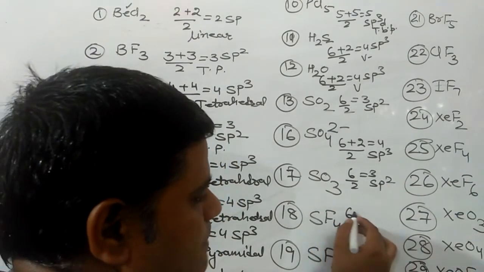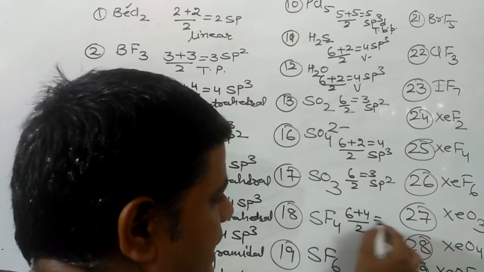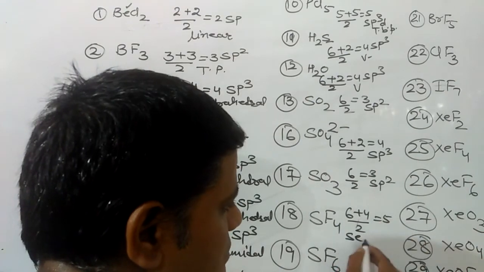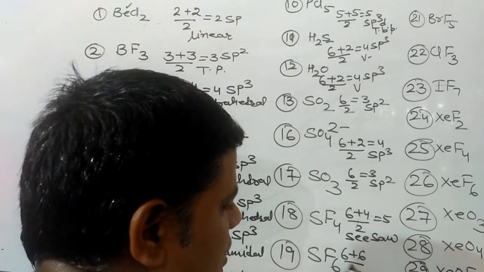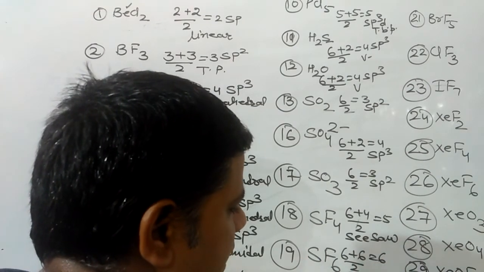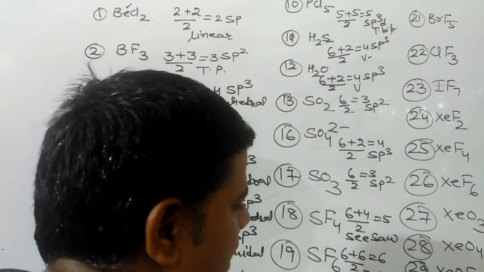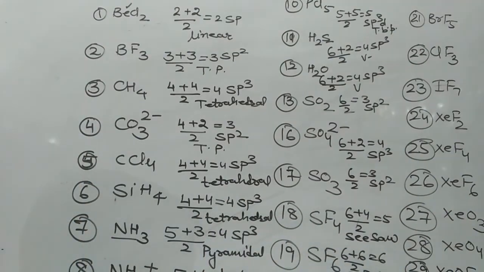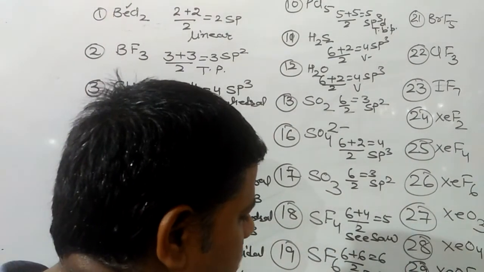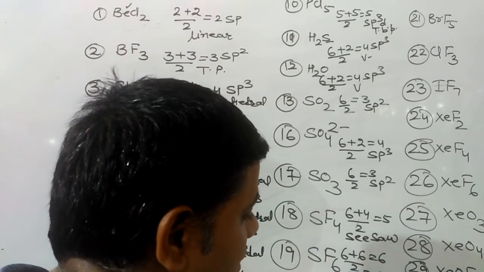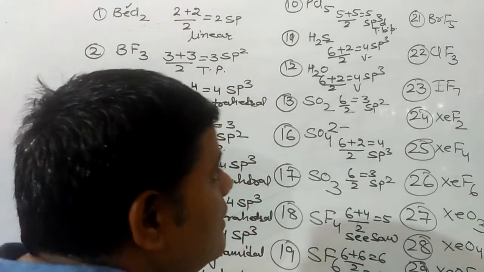SF4: 6 plus 4 by 2, 5, sp3d, seesaw shape. SF6: 6 plus 6 by 2, that comes out to be 6, sp3d2, and it will be octahedral or square bipyramidal. ICl2 negative: 7 plus 2 plus 1 by 2, that comes out to be sp3d, and it will be linear.